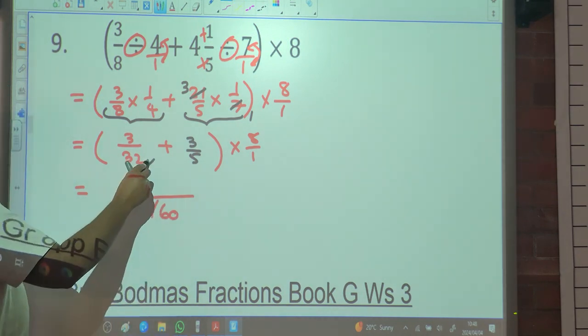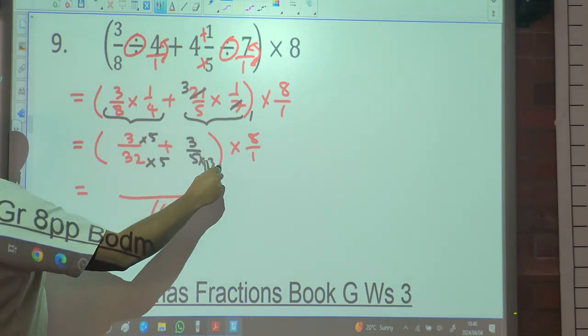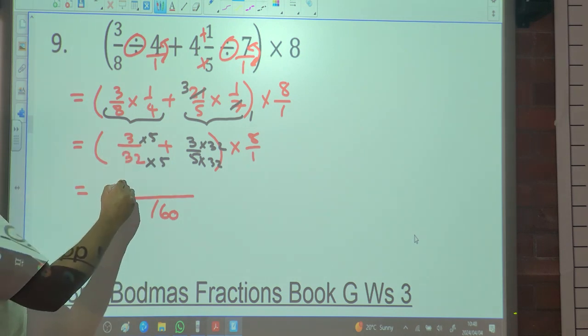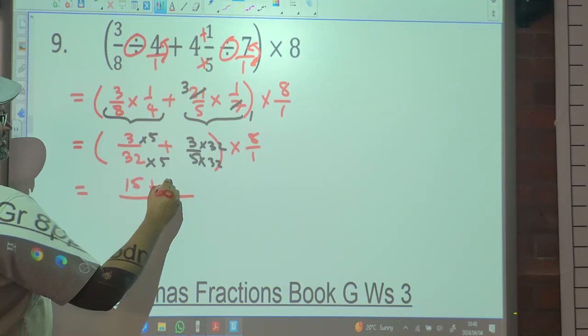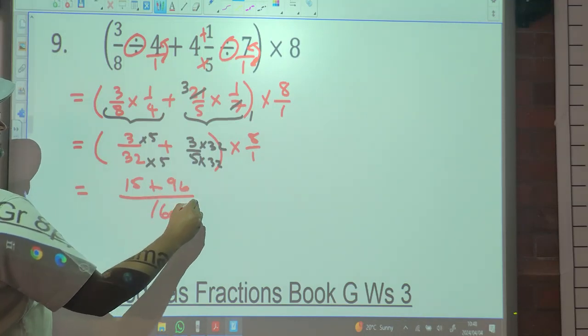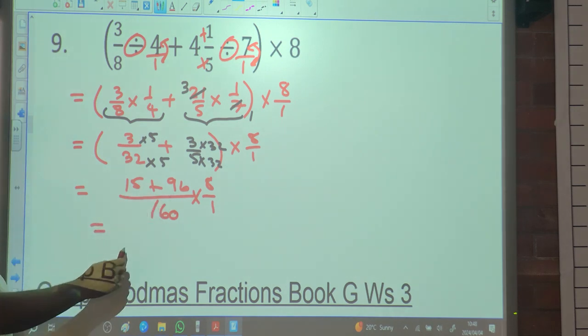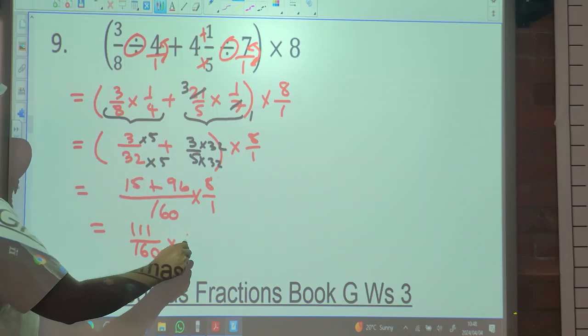So 32 must be multiplied by what? 5. 5 must be multiplied by 32. 5 times 3 is 15, plus 32 times 3 is 96, times 8 over 1. So that's going to give you 111 over 160 multiplied by 8 over 1.